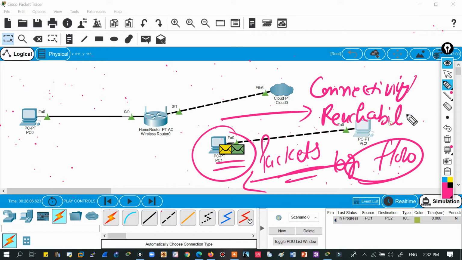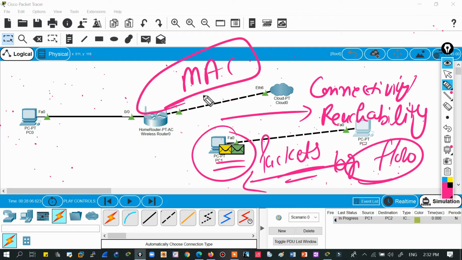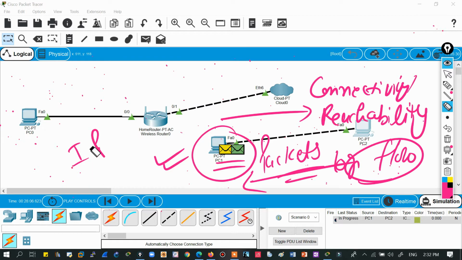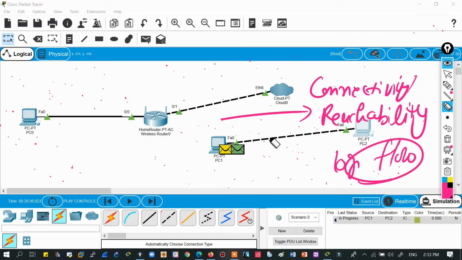That is not provided by MAC. MAC cannot do this. MAC is only for single device identification. It cannot be used to identify a device in a network. To identify a device in a network, a different address scheme is used, and that is IP. All of these networks are based on IP. All data networks nowadays are IP networks. I hope this point is clear to you now.